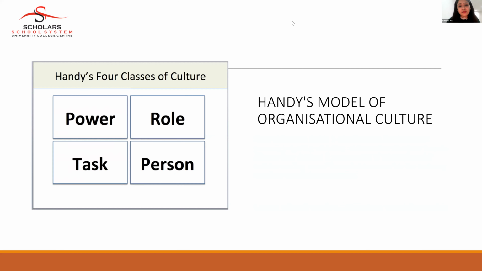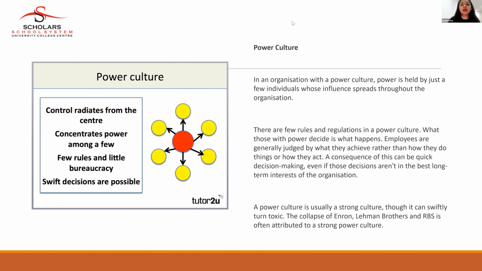These 4 cultures may not be effective for all kinds of organization. It will depend from organization to organization which kind of organizational culture will be most effective for them. So Handy's classes of culture include power culture, role culture, task culture, and person culture.